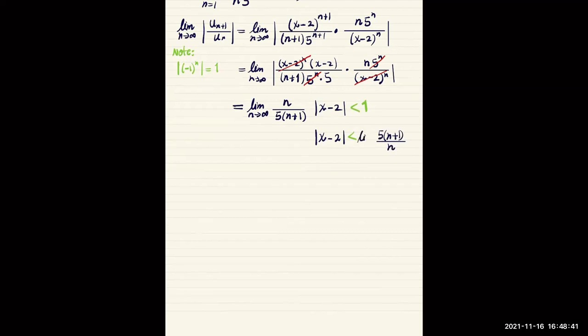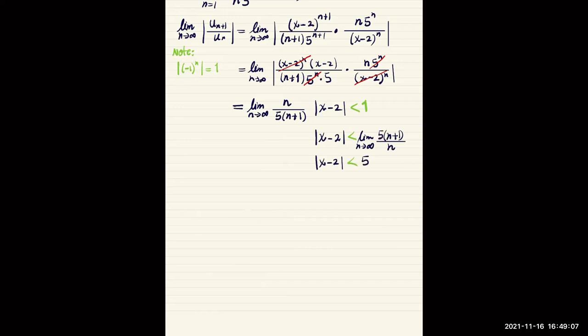And then you could take the limit on the right hand. Okay, it's easier, probably. And that gives us absolute x minus 2 less than 5. That limit, don't think about it too much. Yeah, 5n over n are leading terms, so you get 5.